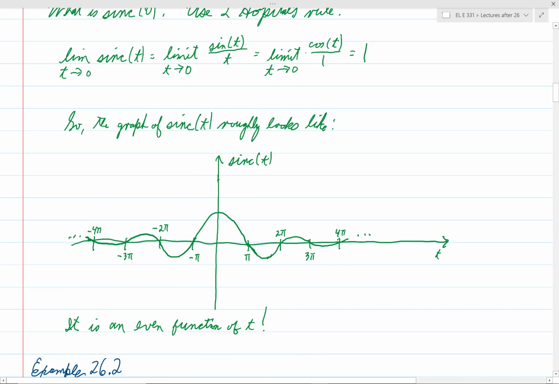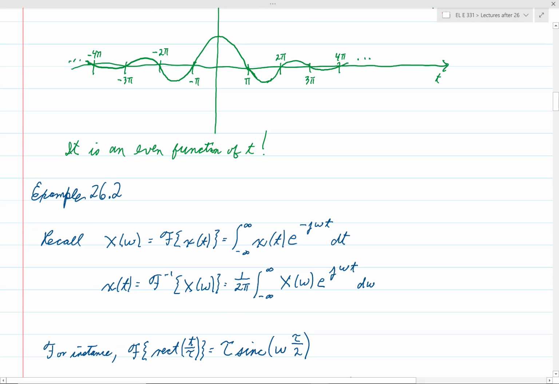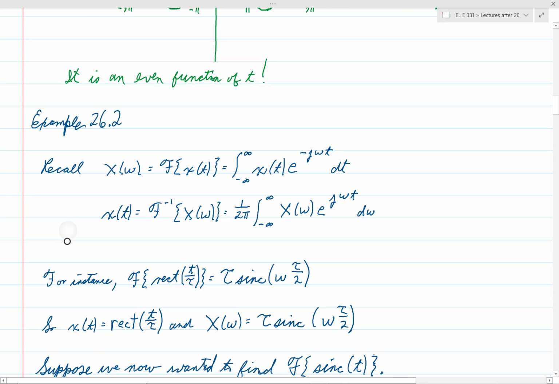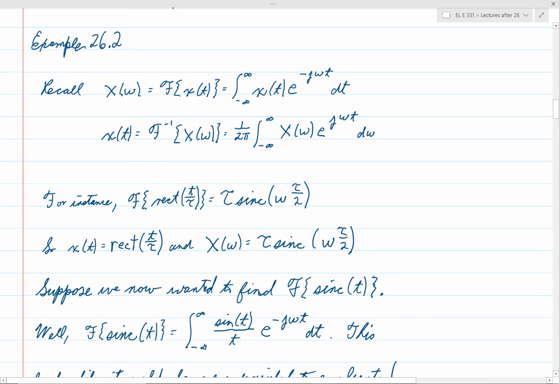Okay, well then, if sinc of t is an important function, then you might say, well, maybe then it would be nice to find the Fourier transform of sinc of t. And so that's what I ask in example 26.2. Well, can we find the Fourier transform of sinc of t?